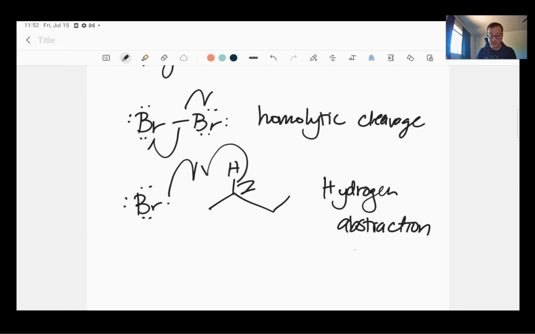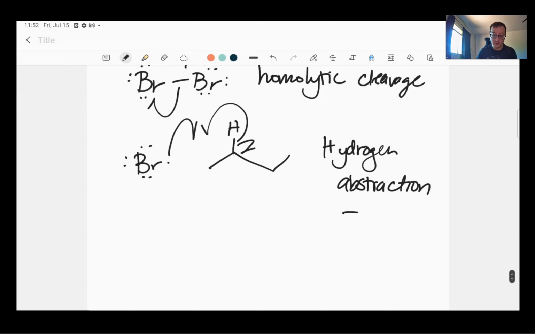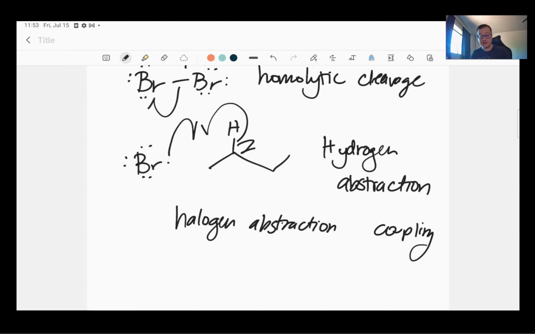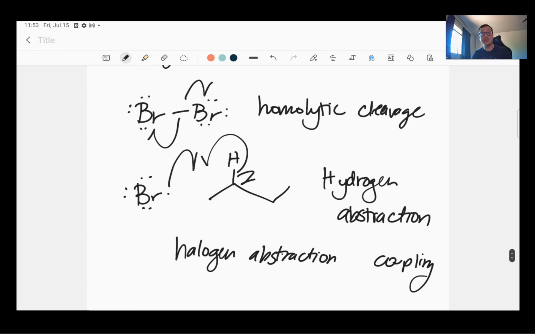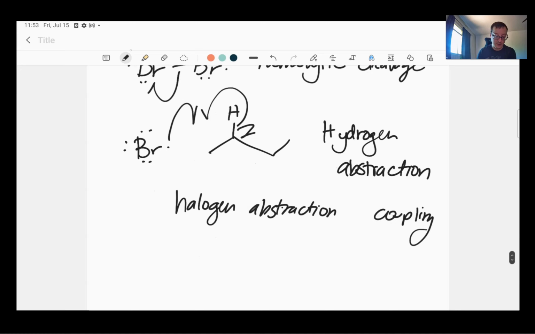The other two, by the way, I'll just write them out: halogen abstraction and coupling. Remember that homolytic cleavage is in your initiation step. The abstractions are in propagation, and coupling is in termination. So that's another hint I have for you.